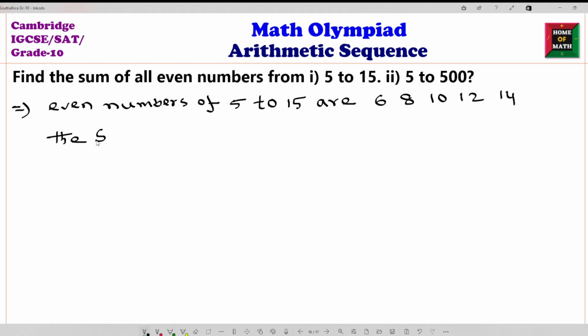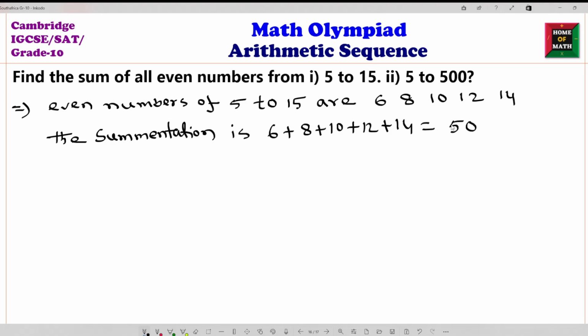The summation is 6 plus 8 plus 10 plus 12 plus 14 equals 50, right? And our first question is solved.